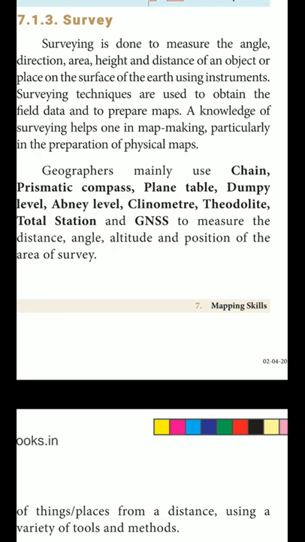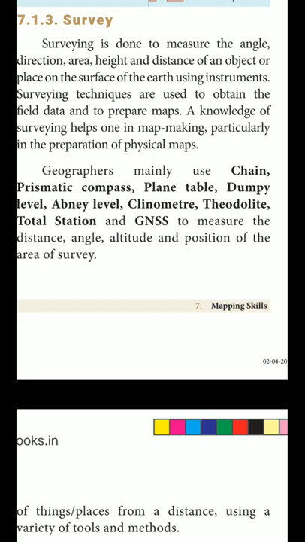So, geographers, Roman number 4, question number 5: mention a few surveying instruments. What are the surveying instruments? Geographers mainly use chain.